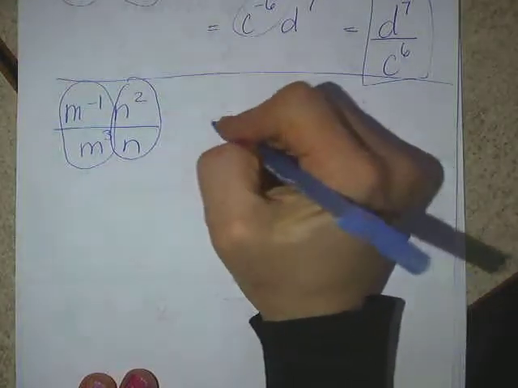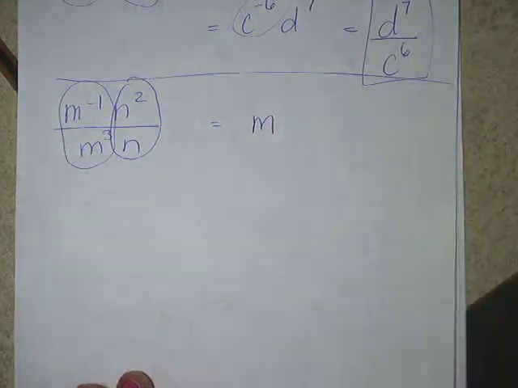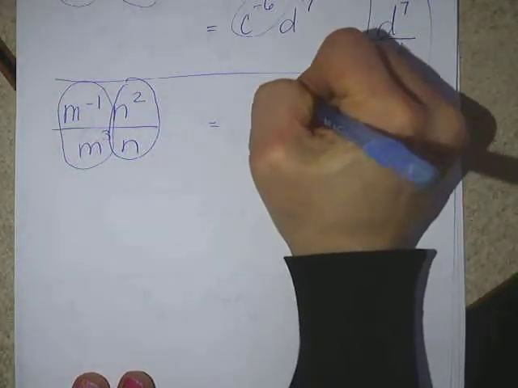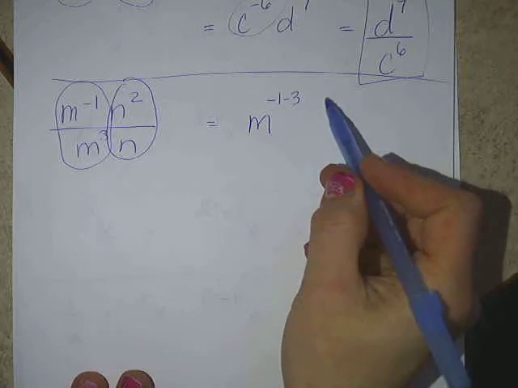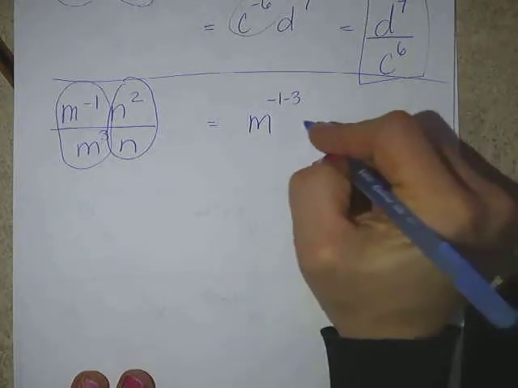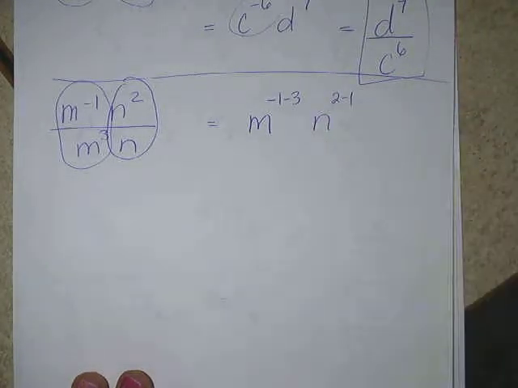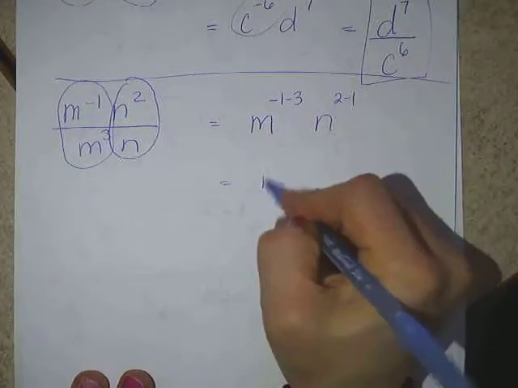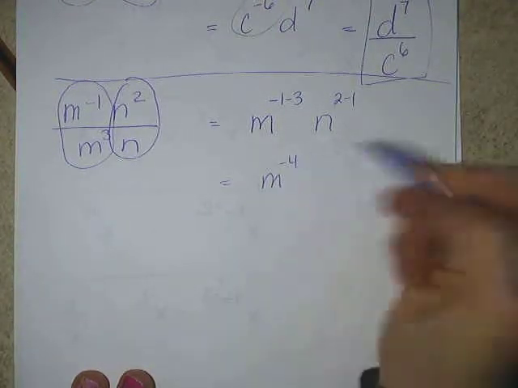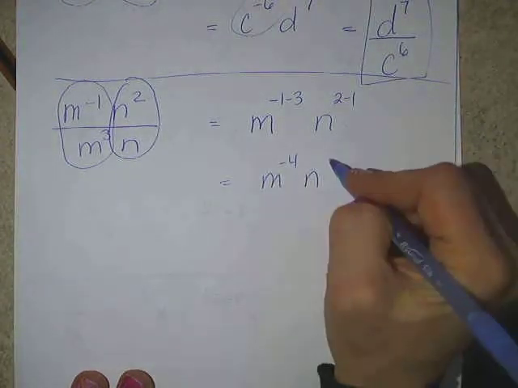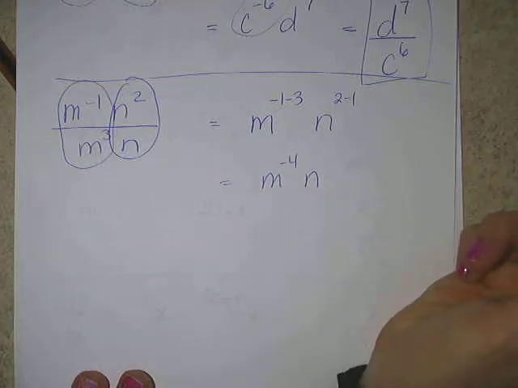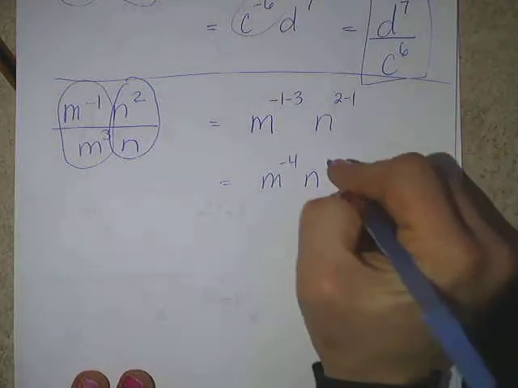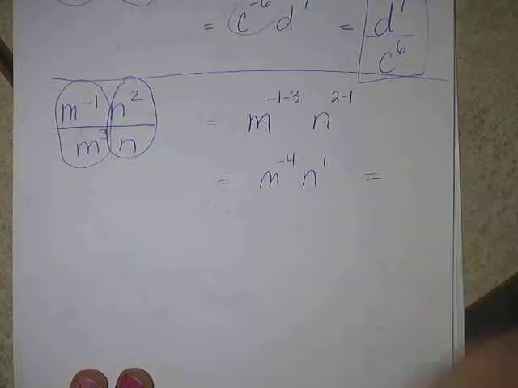Okay, so look at your m's and your n's separately. So we'd have m to the negative 1 minus 3, and n to the 2 minus 1.